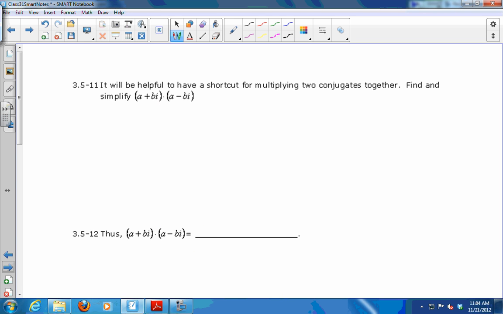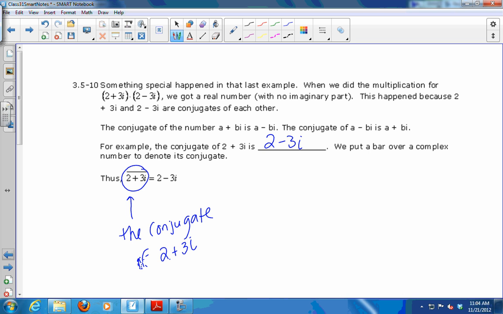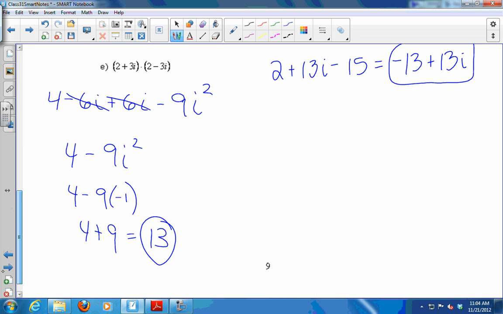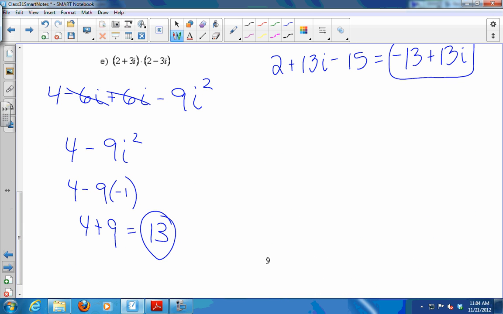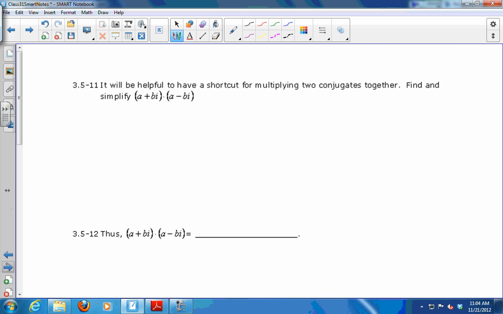So it's going to be handy for us to have a shortcut for multiplying two conjugates together, though it's not like it took us much time to do this multiplication problem. A minute maybe. But we're going to do it pretty frequently, multiply two conjugates together.